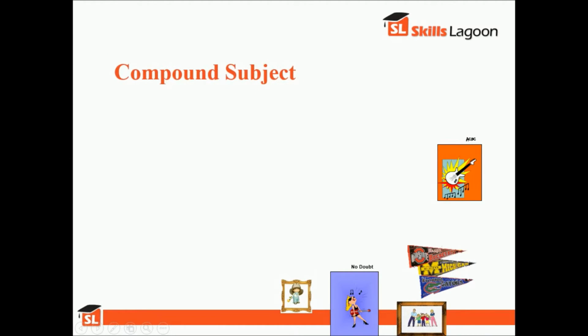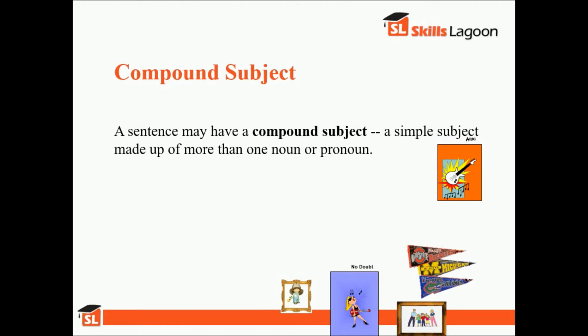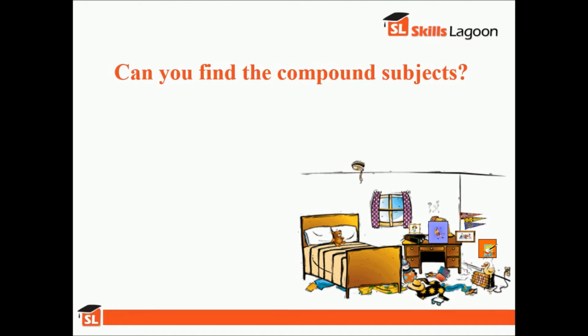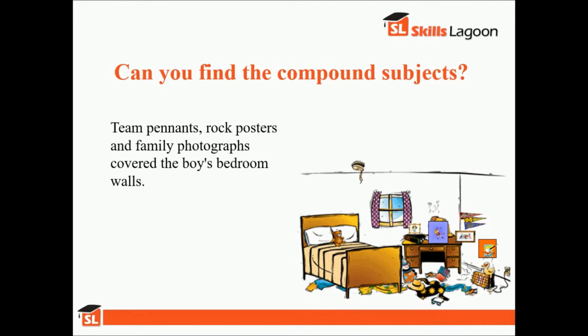Now after doing simple subject and predicate, there is the compound subject. A sentence may have a compound subject, a simple subject made up of more than one noun or pronoun. Can you find the compound subjects? Team pennants, rock posters and family photographs covered the boys' bedroom walls.